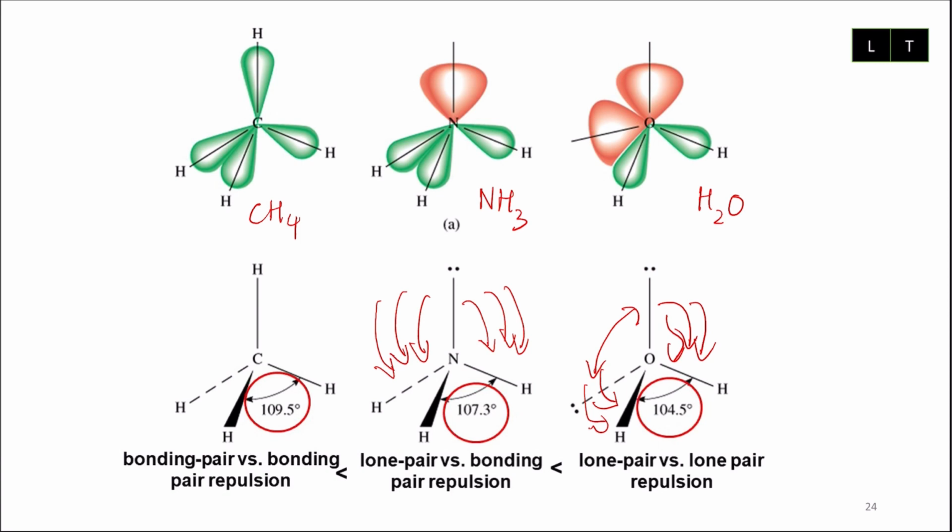So inilah yang dimaksudkan dengan bonding pair, lone pair, bonding pair dan lone pair. Dan lone pair adalah yang paling strong daya tolakan dia. That is why angle dia akan jadi kecil antara dua bonding pairs tersebut. So ini adalah contoh yang saya tunjukkan untuk awak nampak order of repulsion.